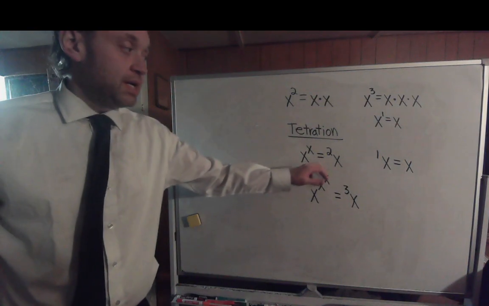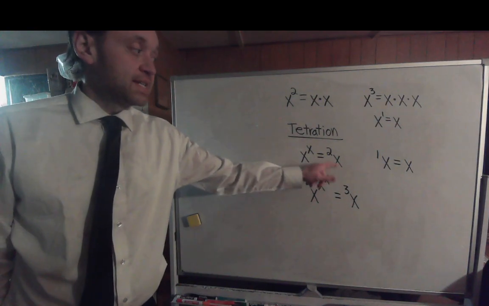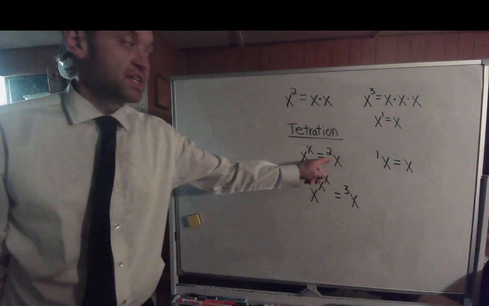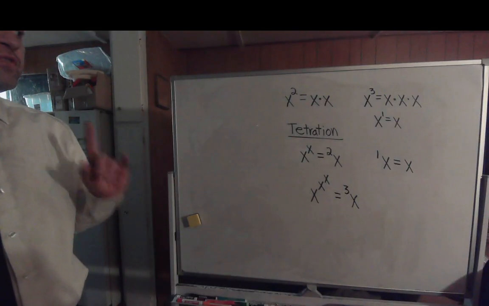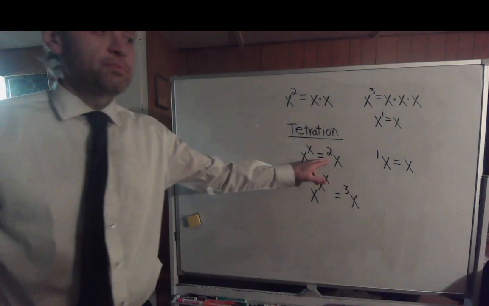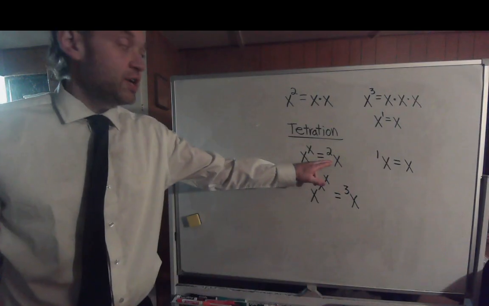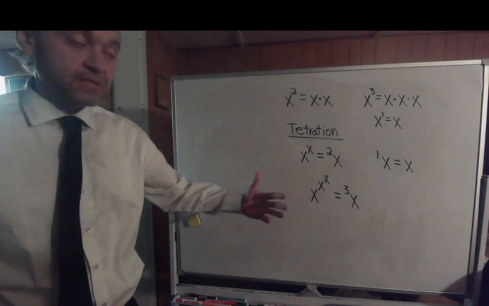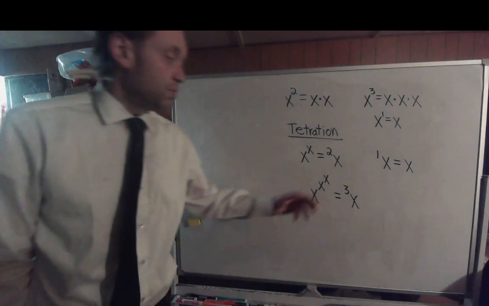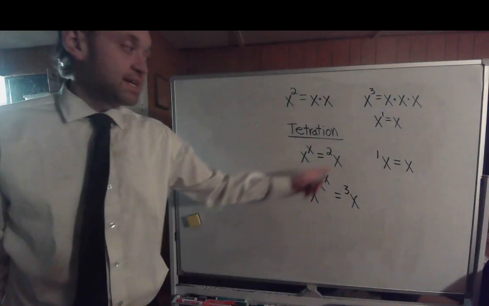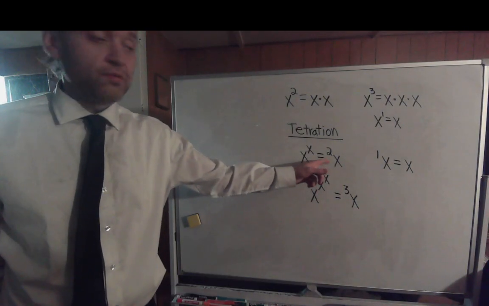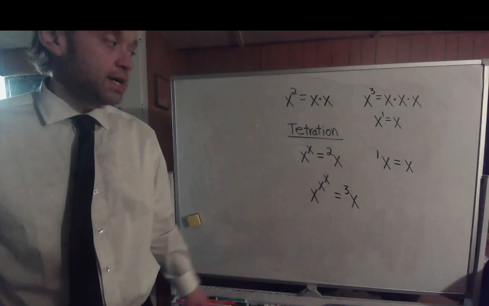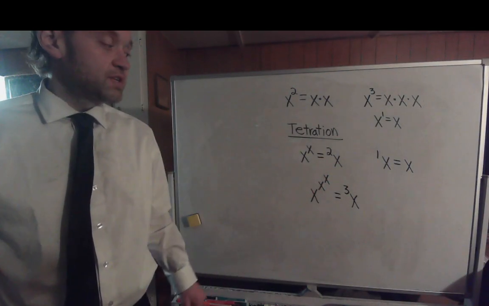That's going to look like x to the second, but the power is on the top left instead of the top right. If you ever see the power on the top left, that denotes a tetration, whereas on the top right, that's just your typical exponent. So this would be the second tetration of x. That's how you would read that, or x tetration 2. You could read it either way if it's on the top left.